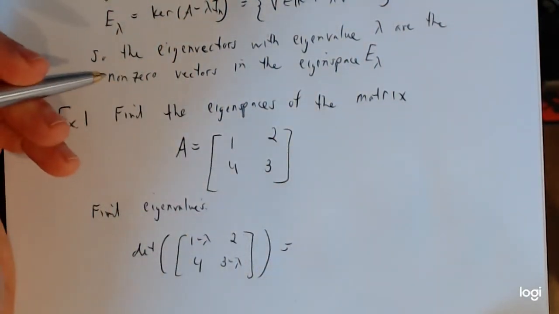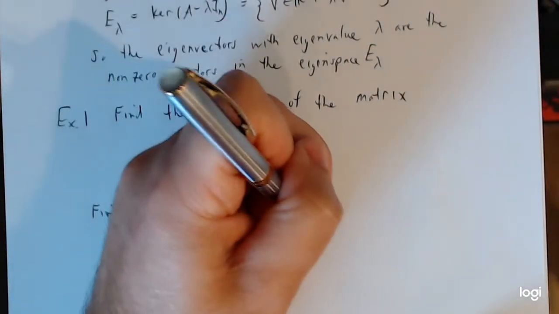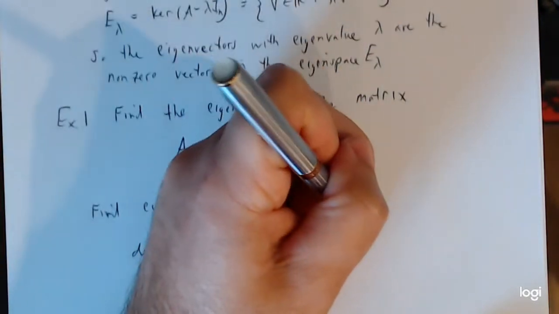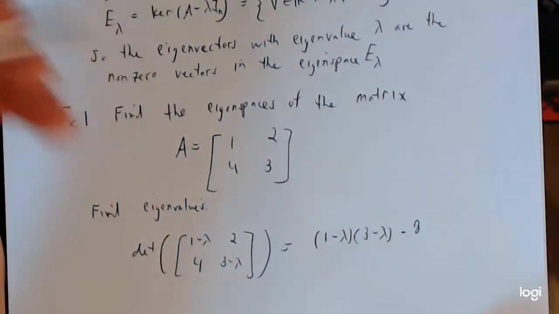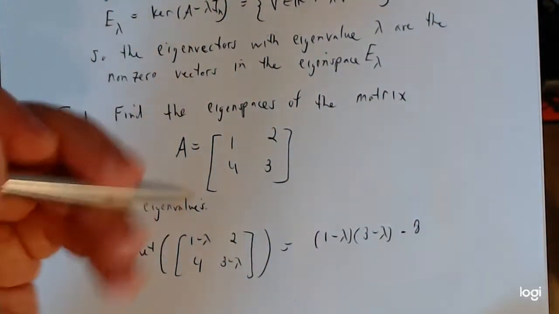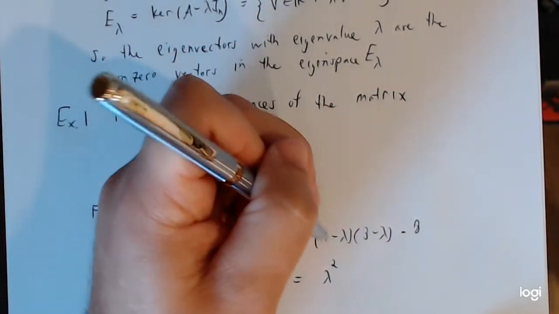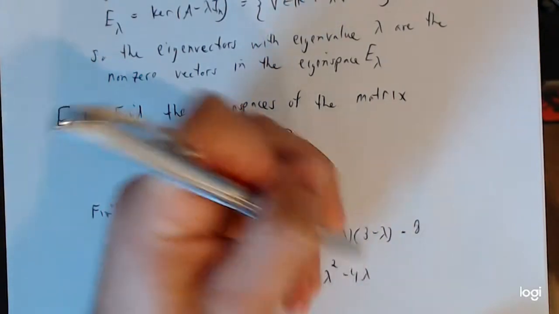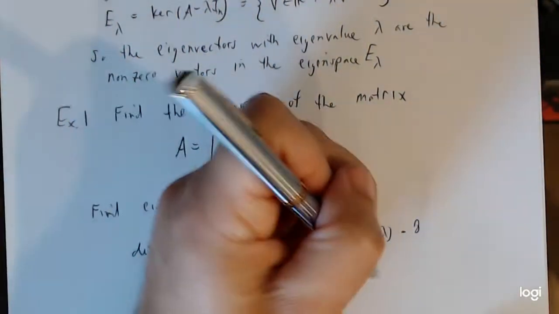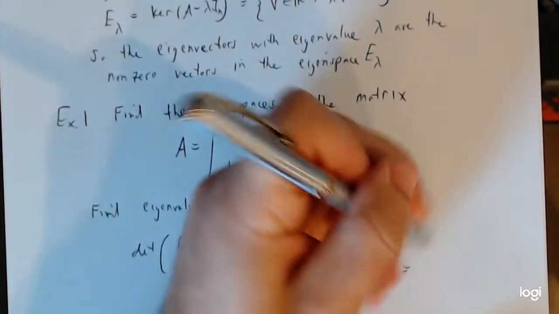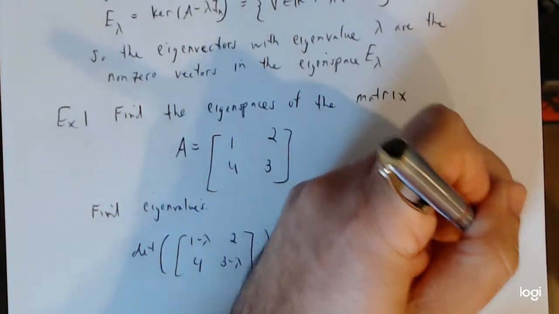If we find the determinant of this, that's going to be (1 minus lambda)(3 minus lambda) minus 8. We're finding the characteristic polynomial, and then we'll set that equal to 0. This breaks down to lambda squared minus 4 lambda plus 3 minus 8, which becomes minus 5, and this factors to (lambda minus 5)(lambda plus 1).